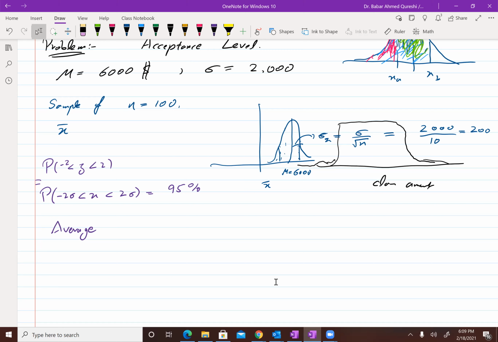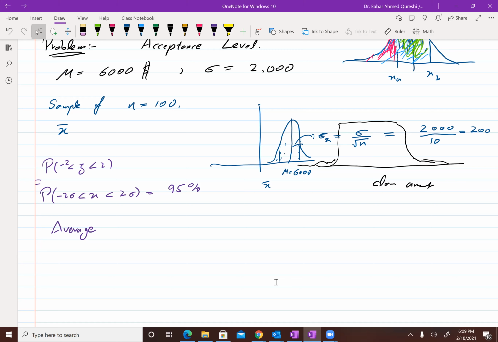So what I was going to say is, your average is going to hop, but you know it should be within plus or minus 2 standard deviations, and the standard deviation is 200. So 2 standard deviations is 400.